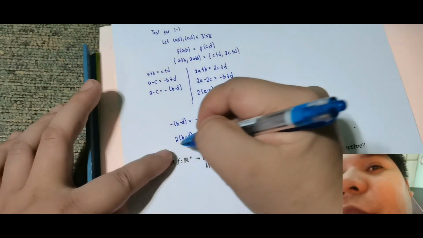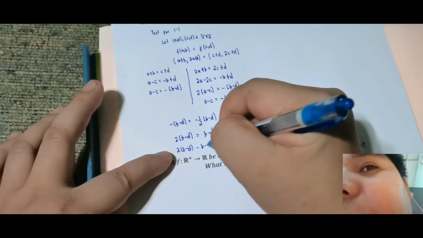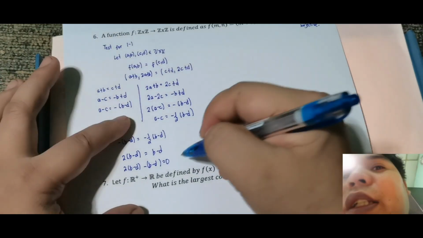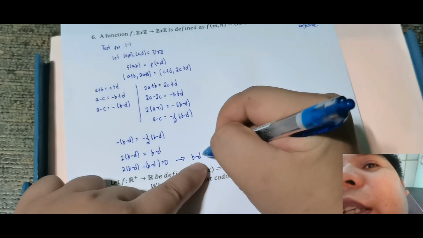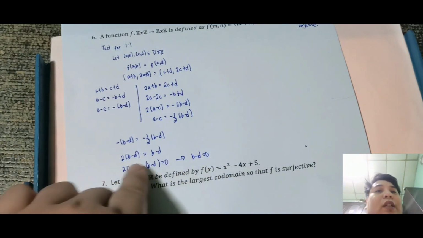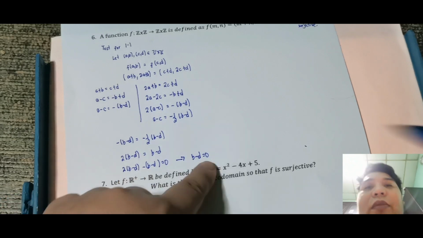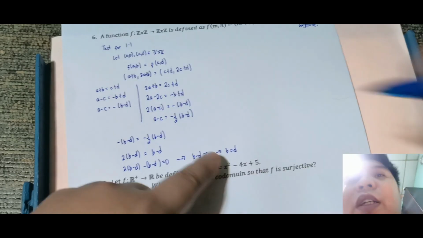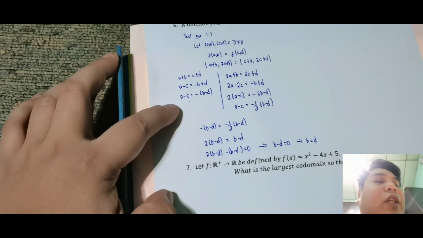Okay, then transpose lang, that is 2bd minus bd is equal to 0, which implies that b minus d is equal to 0. Kasi nga 2b minus d minus b minus d is b minus d, which implies that b is equal to d. Also dito, obvious na to, a is equal to c.